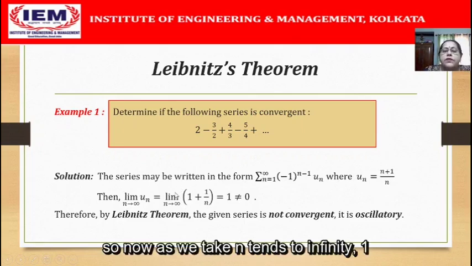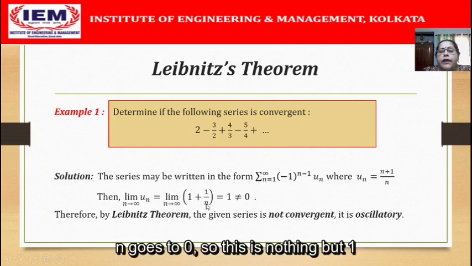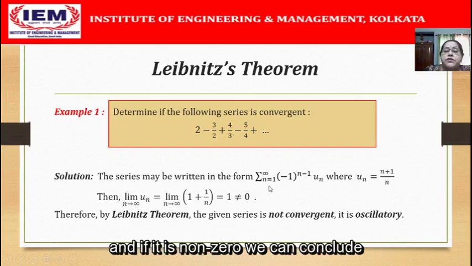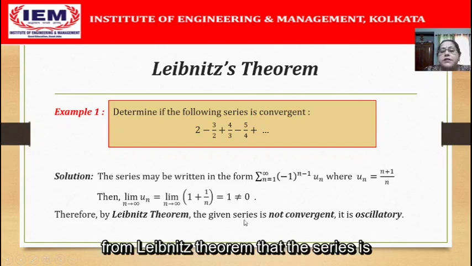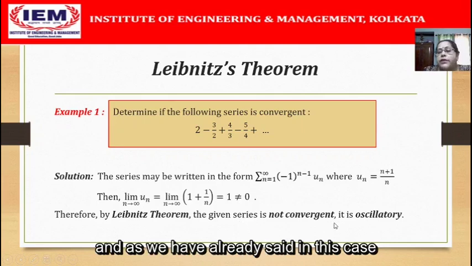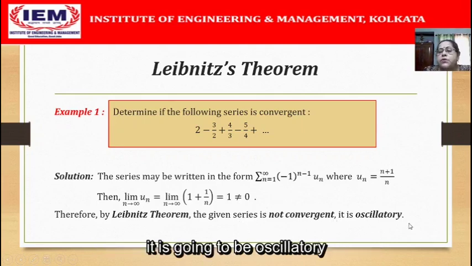As we take n tends to infinity, 1 by n goes to 0. So this is nothing but 1. Therefore, of course, this is non-zero. And if it is non-zero, we can conclude from Leibniz theorem that the series is not convergent. And as we have already said, in this case, it is going to be oscillatory.